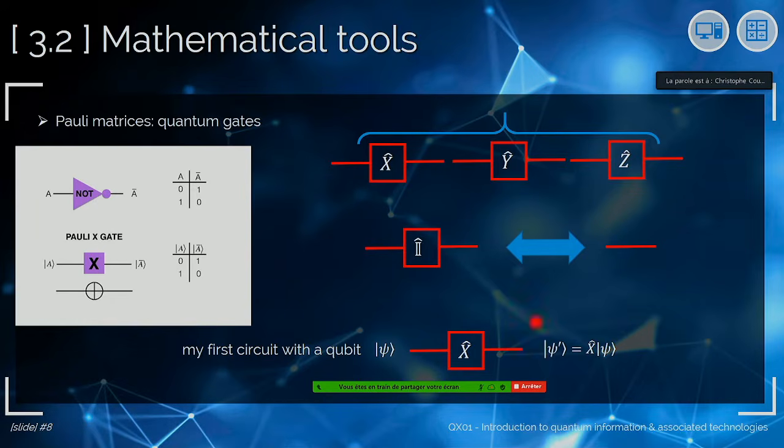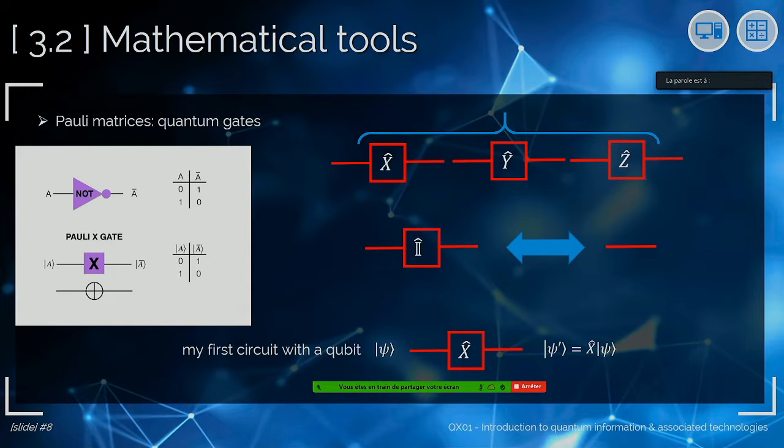And if I have my first quantum circuit, then I start with the qubit phi along this circuit, and I apply a specific quantum gate here, the Pauli matrix X, and I end up with phi prime, which will be the output qubit, which in this case will be the reverse of the qubit we started with.